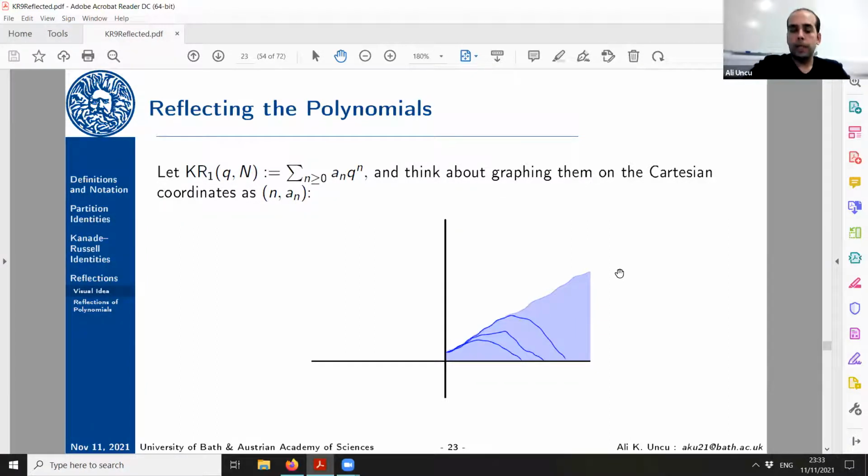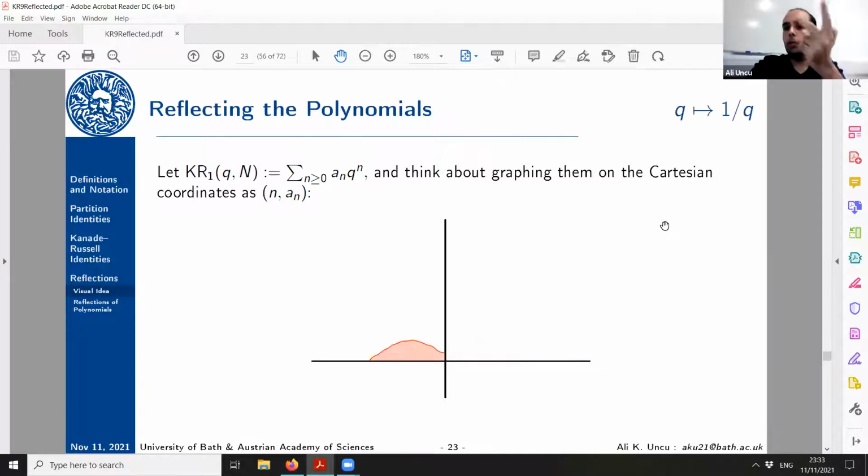So what we did is, maybe we can't really understand what this is going to be, but we can start from the original one again, take Q equals 1 over Q, then normalize it so it's a polynomial again, and start looking at this sequence. So we look at the next one, and then try to understand where this series is going.